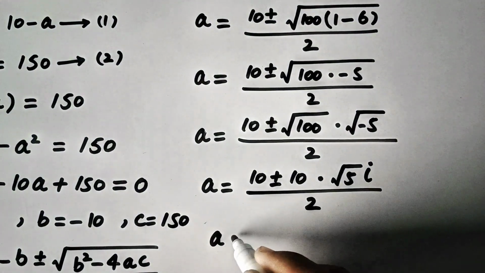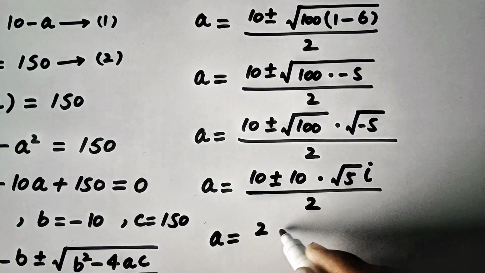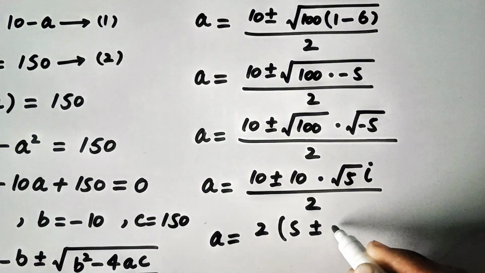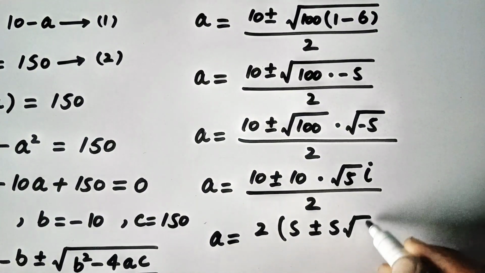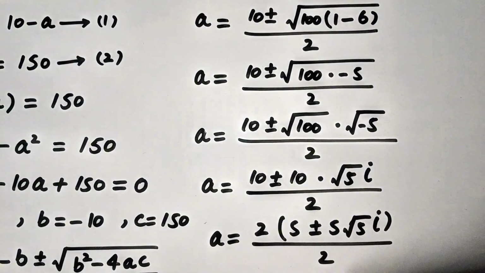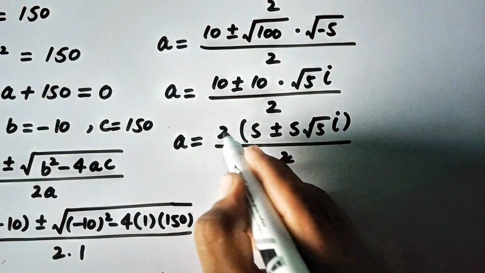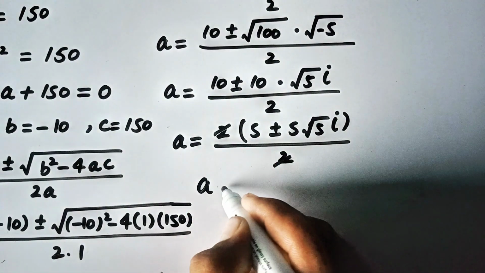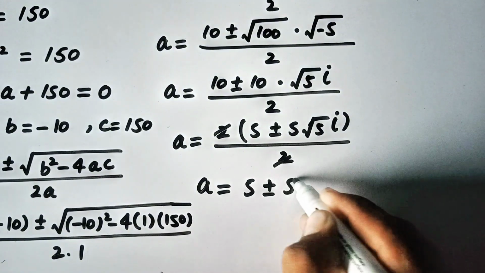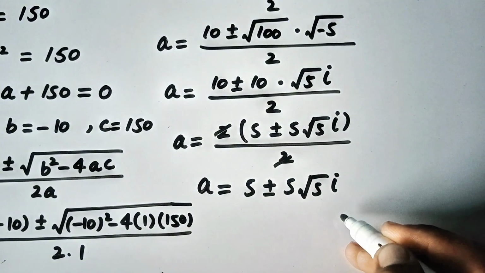And now a is equal to, taking 2 common from numerator, 2 times (5 plus or minus 5 times root of 5 times i), divided by 2. Then this 2 will be cancelled by this 2. So here a is equal to 5 plus or minus 5 times root of 5 times i.